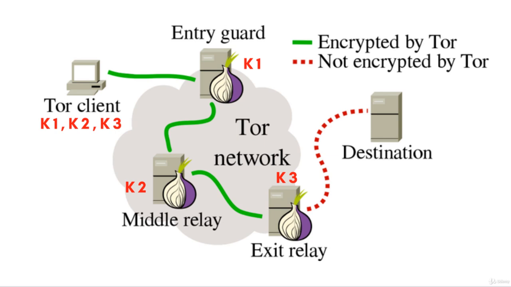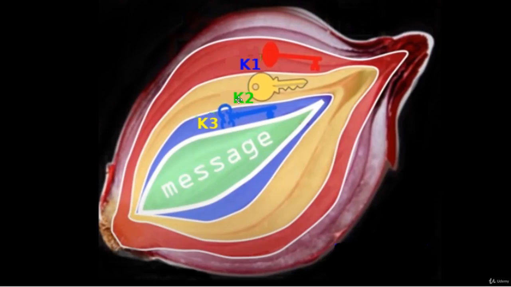Note that the guard relay cannot read the message because it's still encrypted twice, with K2 and K3. It's complete gibberish for it. What it can do is forward the message to the middle relay, which has K2 and can decrypt the second layer. The middle relay cannot look at the message because it's still encrypted with K3 and it doesn't have the key.